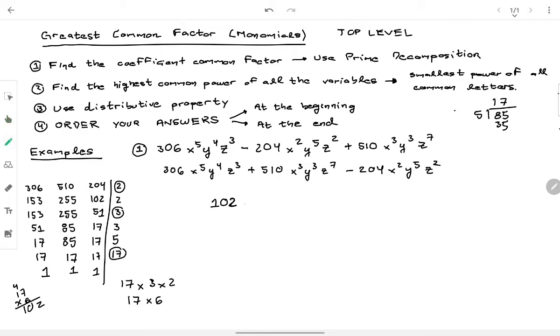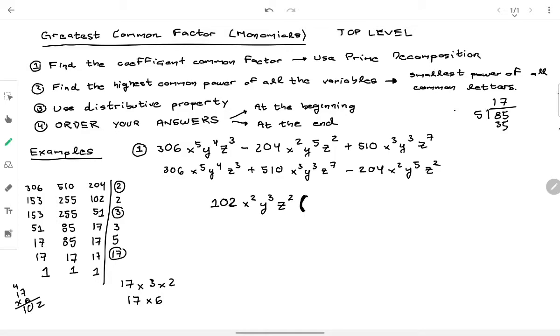So it's going to be x squared. In the case of y, we have y to the 4, y to the third, y to the 5th. So it will be y to the third. In the case of c, we have c cubed, c to the 7, c squared. So it's going to be the smallest one, c squared.